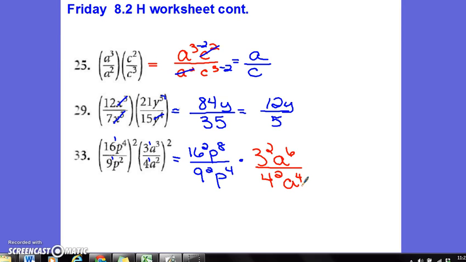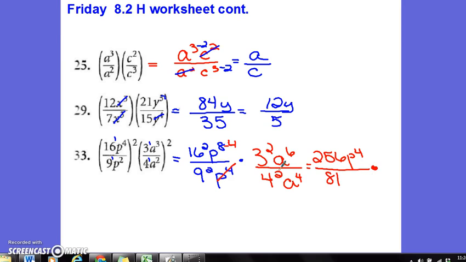So then when we multiply this out, this will be 16 times 16 is 256. And then we're going to bring this up, so that'll be minus 4. So p to the 4th over, and then 9 squared is 81.